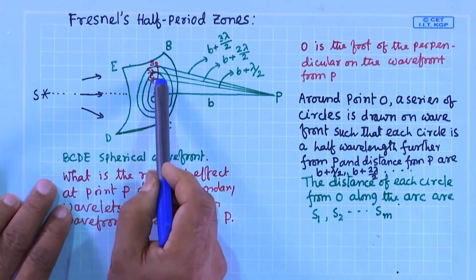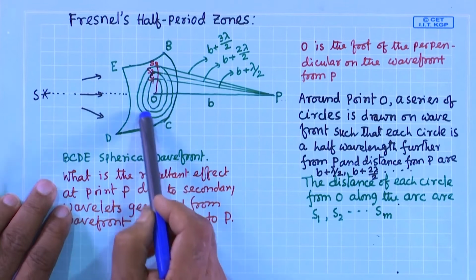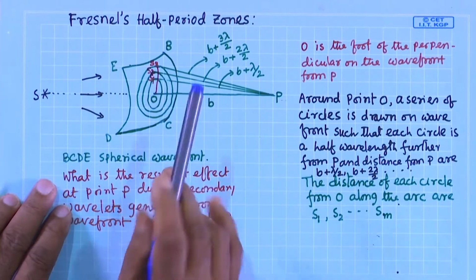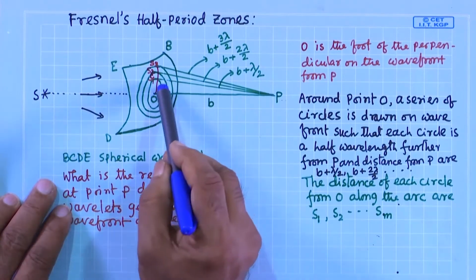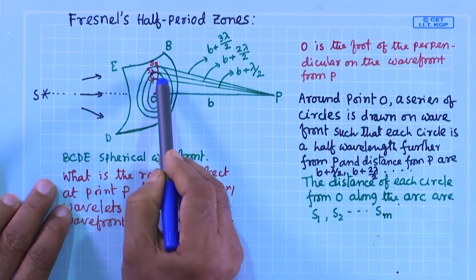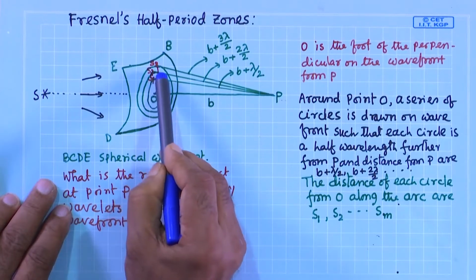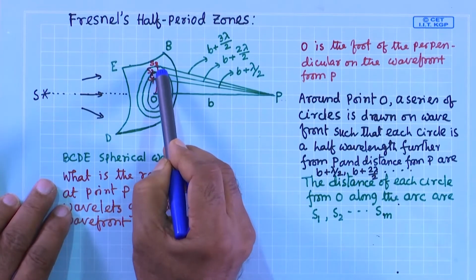The area between two circles is what we call a zone, and then the next area between the next two circles, and so on.